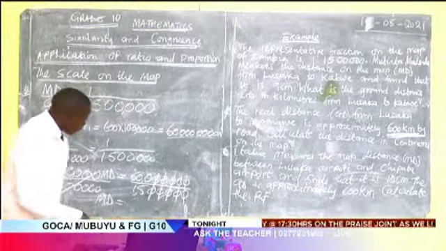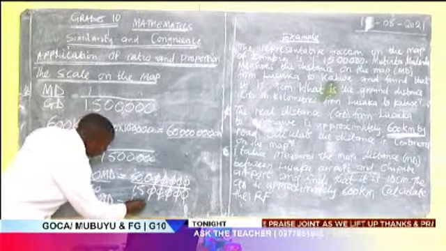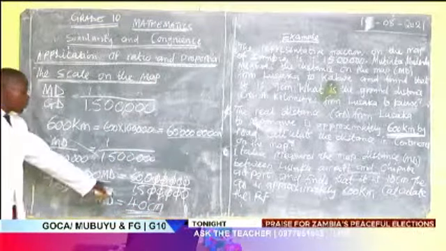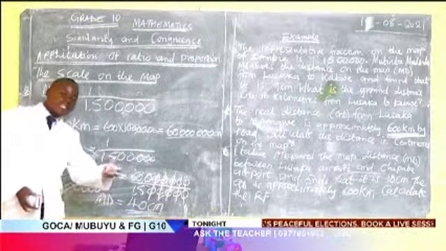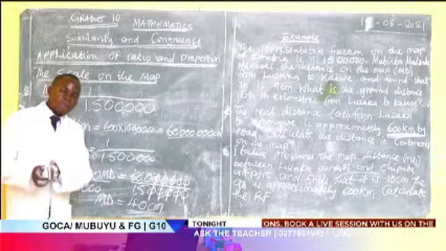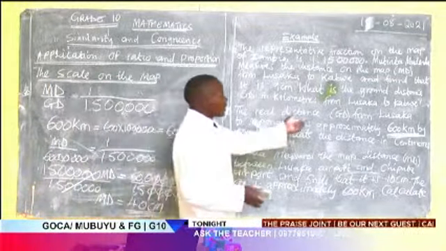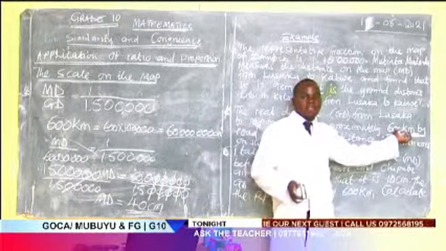So we get 40 centimeters. So this 40 centimeters is the distance on the map, while the actual distance on the ground is 600 kilometers.